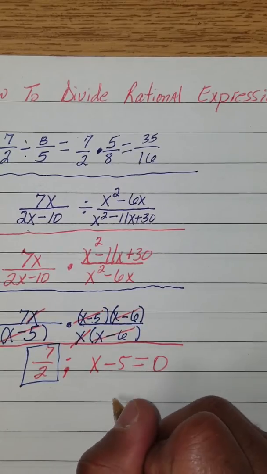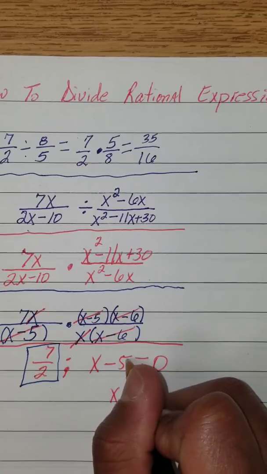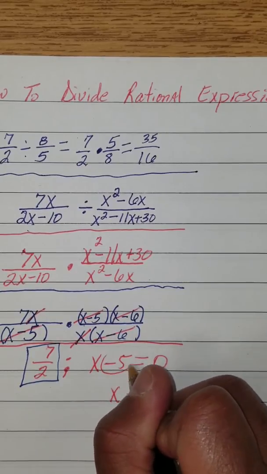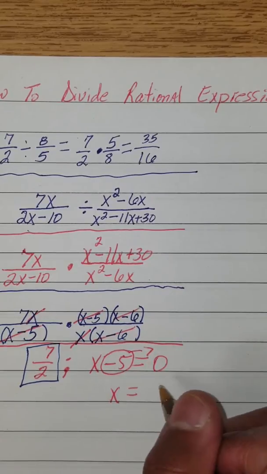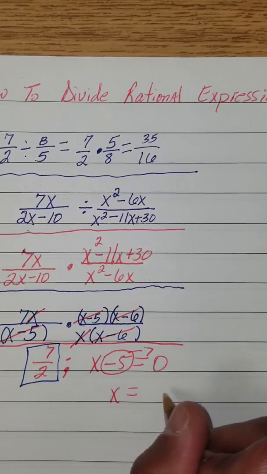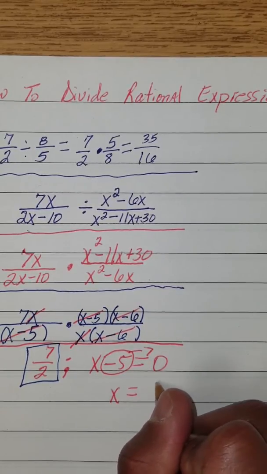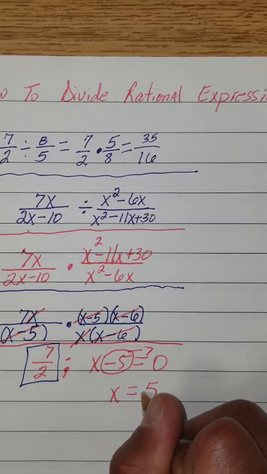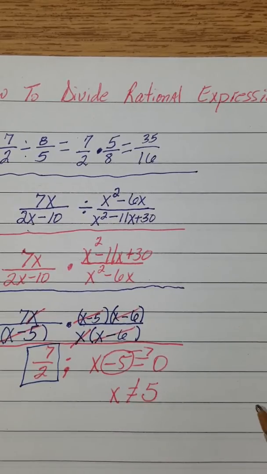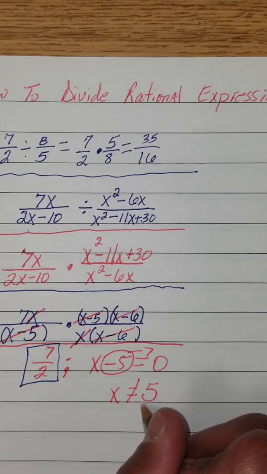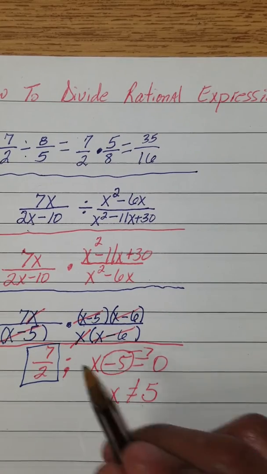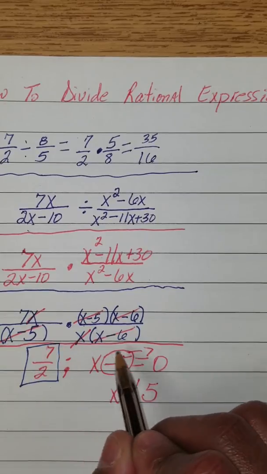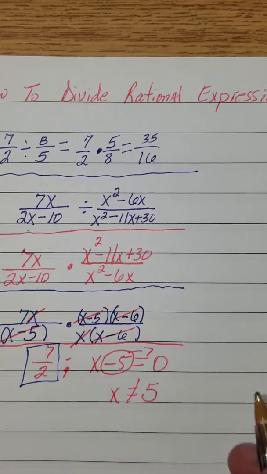I'm going to move this negative 5 over to the other side of the equal sign, and change its sign from a negative to a positive 5. That tells me that x cannot be equal to 5, because if it did, then 5 minus 5 will make this 0, and we cannot have 0 in our denominator.